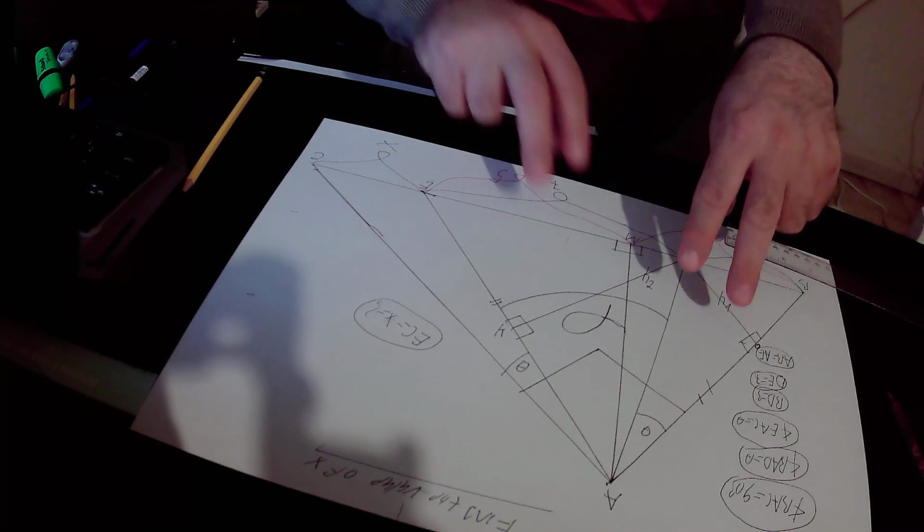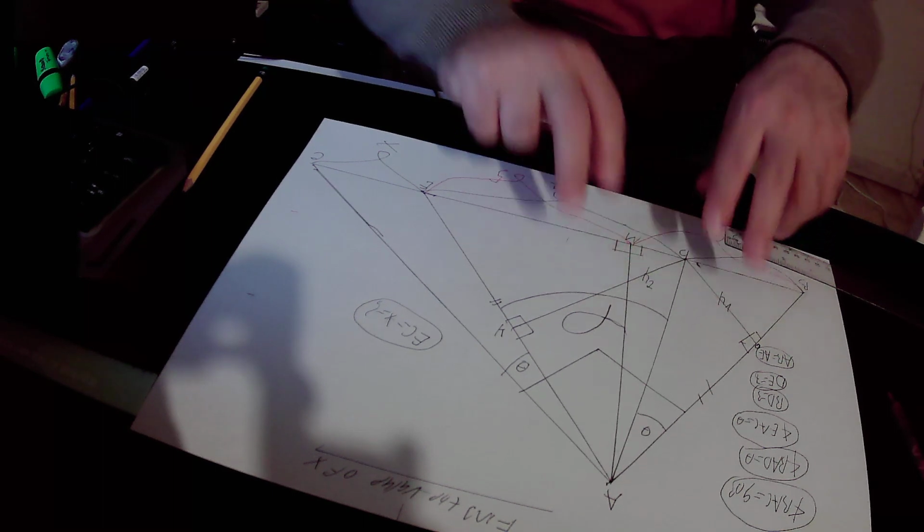Therefore, those two triangles can go into each other according to the side rule.